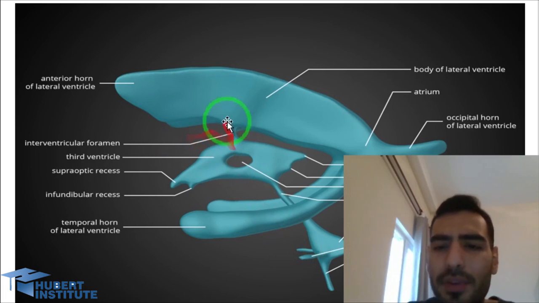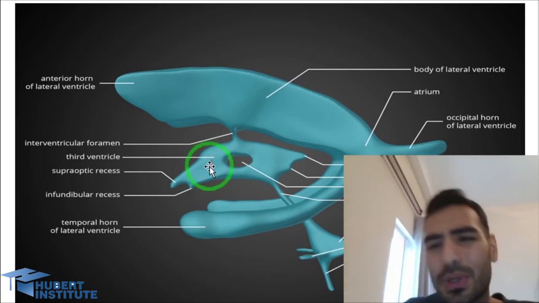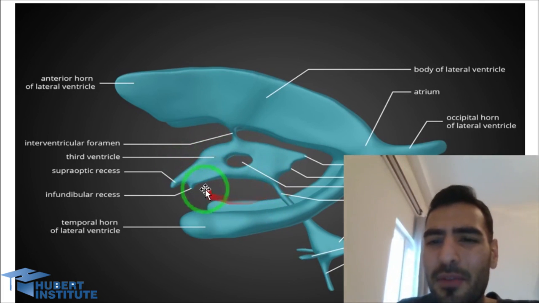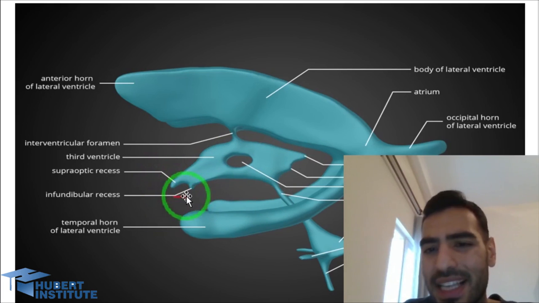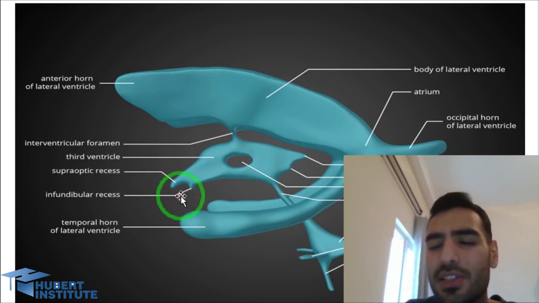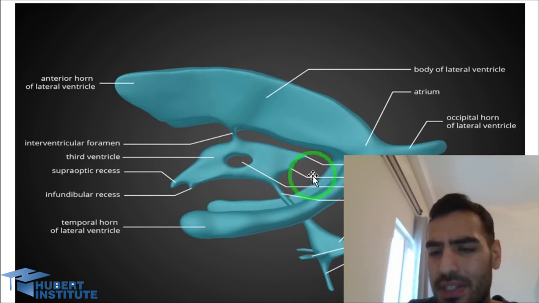Okay, if you want to look more closely at the third ventricle, we have some parts on the third ventricle as well. For example, the supraoptic recess and infundibular recess. Here exactly under this structure we have hypothalamus, and here we have pineal gland. This recess is called the suprapineal and pineal recess.